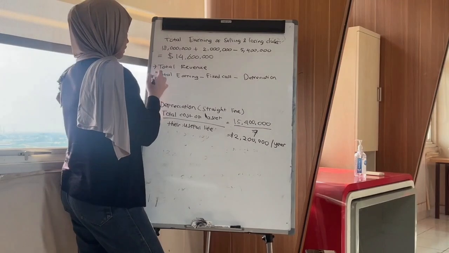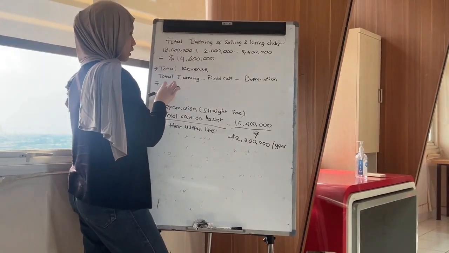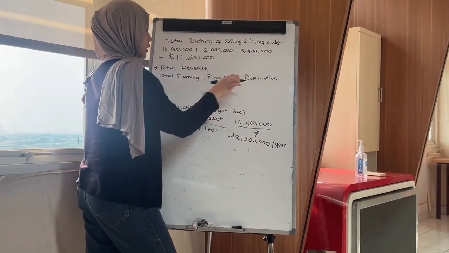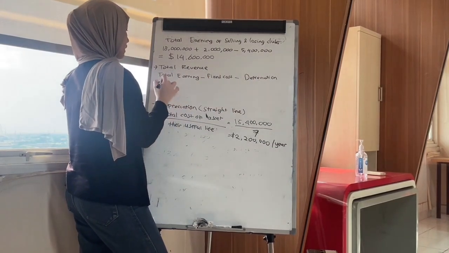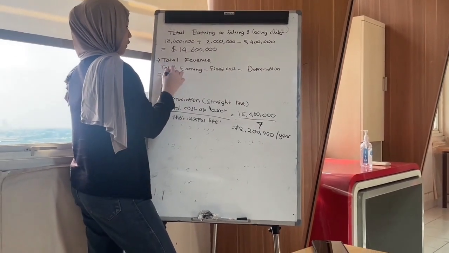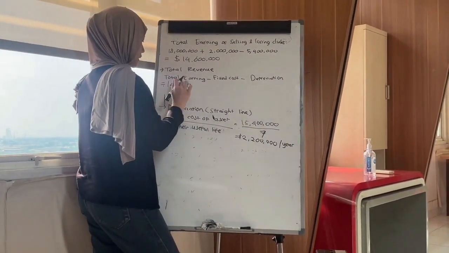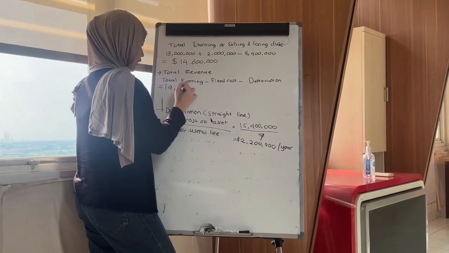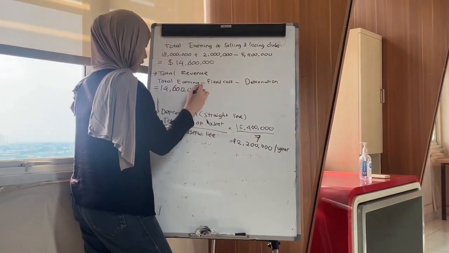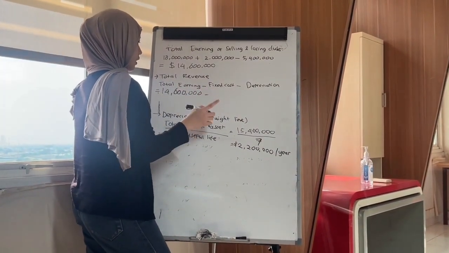And then we just need to substitute the total earning, the fixed cost, and the depreciation expense. The total earning is $14,600,000 minus fixed cost.